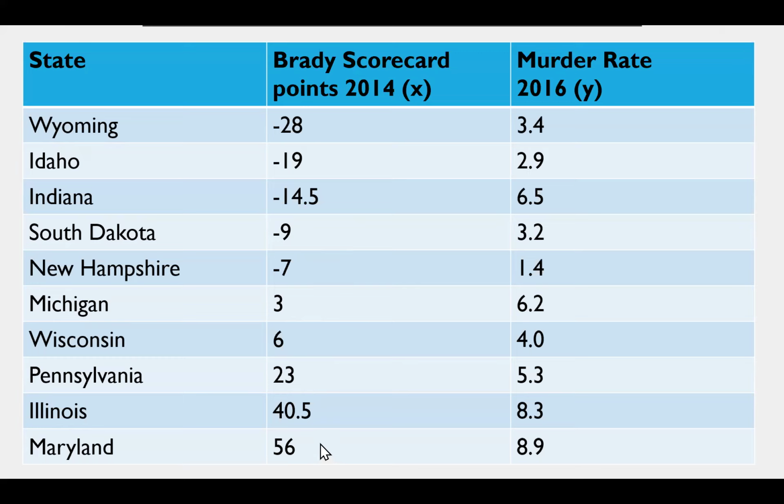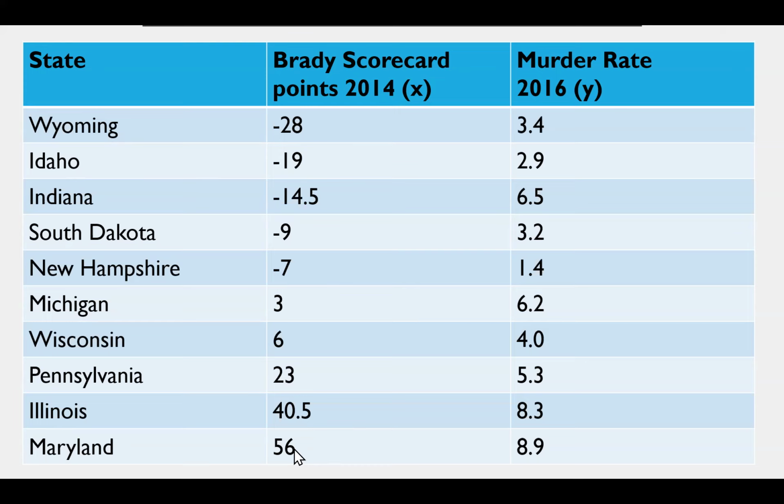So in 2014, here are the Brady scorecard points. You can see that Wyoming has a negative scorecard point of negative 28. Maryland has a positive scorecard point of 56. And generally speaking, the way Brady scorecard points work is that as the values get higher, that means the gun laws are stricter.